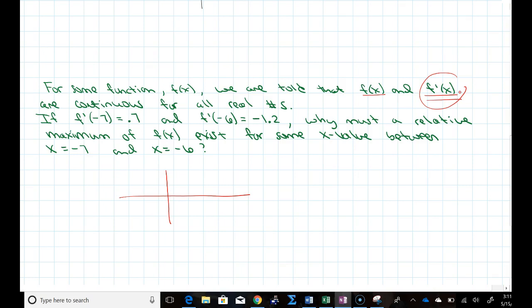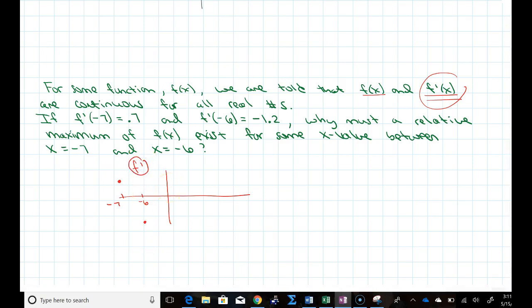We're told f prime is continuous, and we're told that at negative 7, f prime is 0.7. This is the graph of f prime now. And at negative 6, f prime is negative 1.2, right? And we're told f prime is a continuous function.